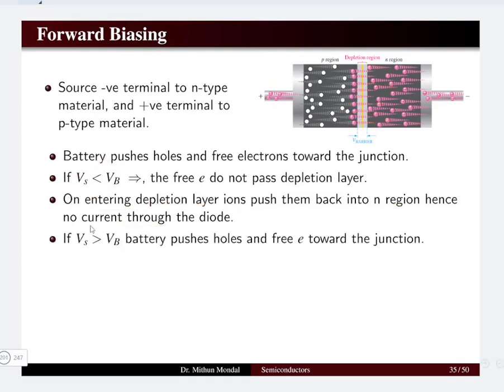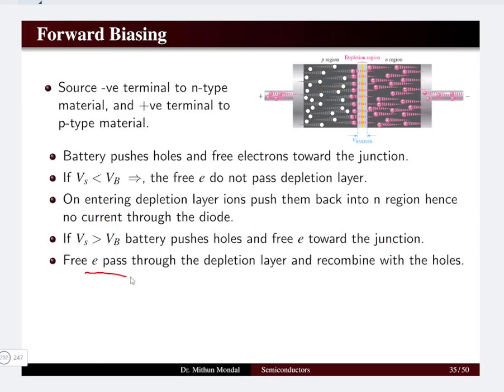Now, when the DC voltage is more than the barrier potential, it will push the electrons and holes toward the junction. So the holes will move toward the junction and the electrons will move toward the junction when the supply voltage is more than the barrier potential. The free electrons will pass through the depletion layer and combine with the holes.